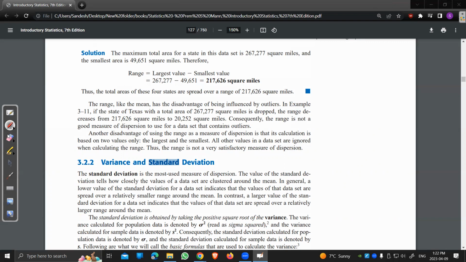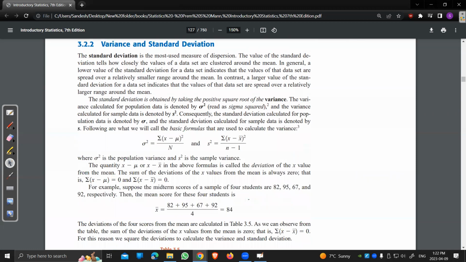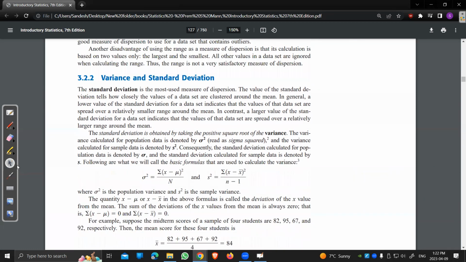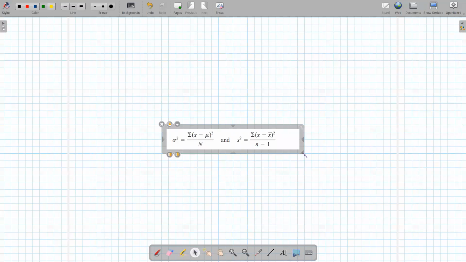But that's next to impossible in real life situations. So we want to try to reduce the standard deviation. We can't eliminate it completely, but we can try to reduce it. There are some formulas for this that we're going to use. It looks kind of weird, but don't worry about it.